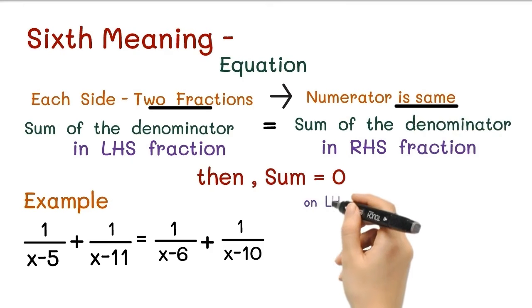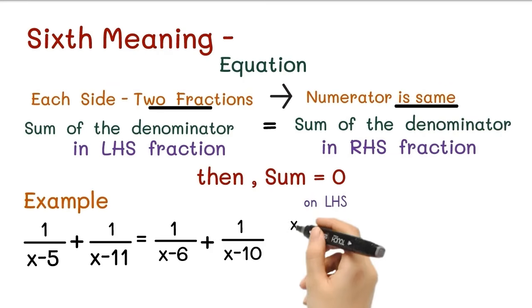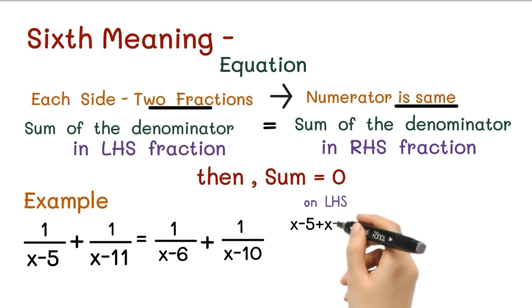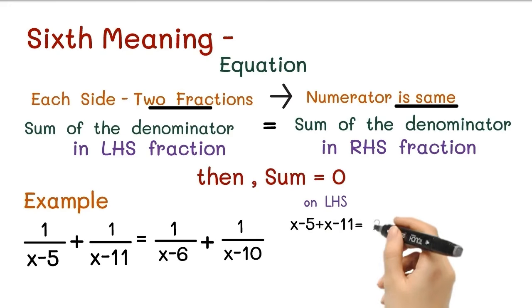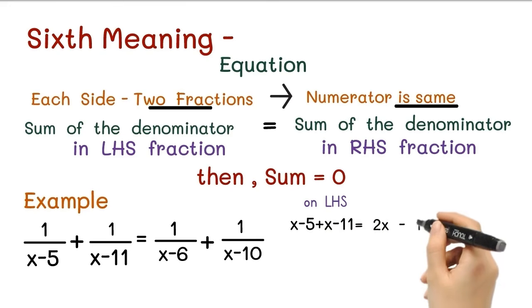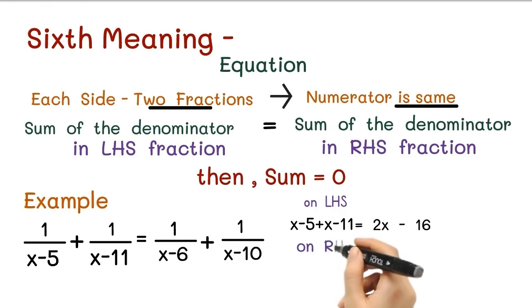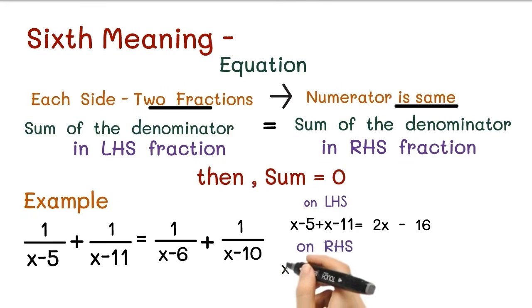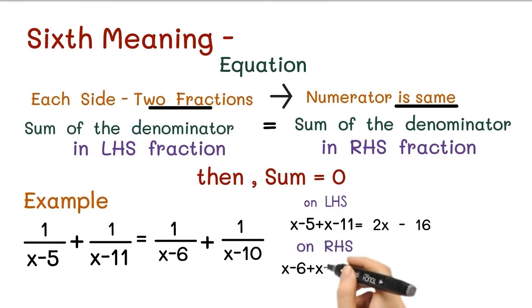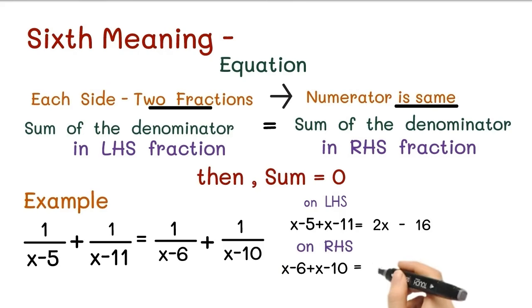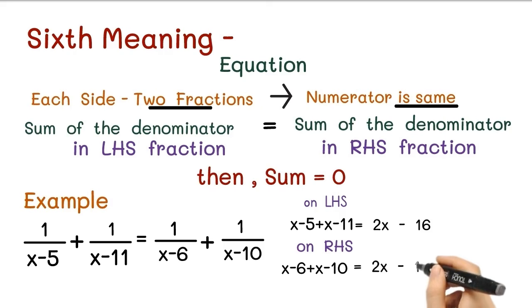Let's take sum of denominator on LHS. So sum is x minus 5 plus x minus 11, which is equal to 2x minus 16. Now let's take sum of denominator on RHS. x minus 6 plus x minus 10, which equals 2x minus 16.